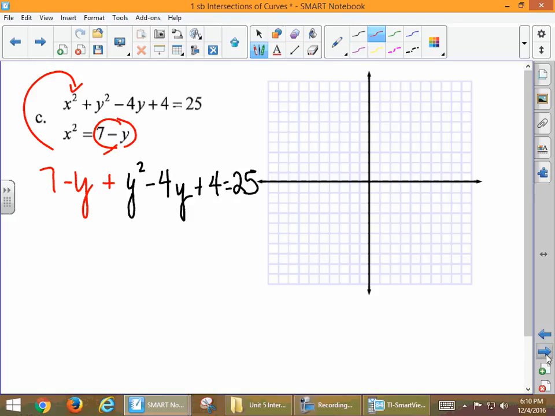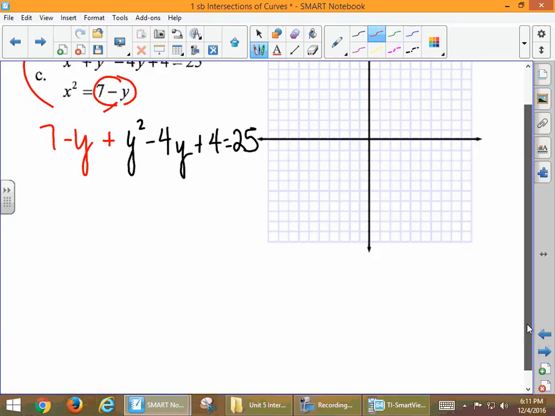The first equation, x squared plus y squared minus 4y plus 4 equals 25, is the equation of a circle. The second equation, x squared equals 7 minus y, is the equation of a parabola. But when we go ahead and simplify this equation a little bit, we end up with y squared minus 5y, combining these like terms. 7 plus 4 is 11 equals 25.